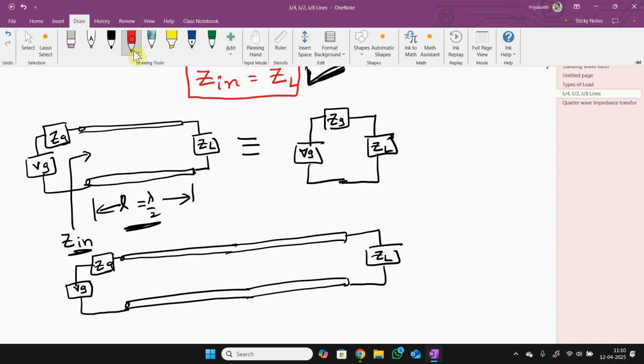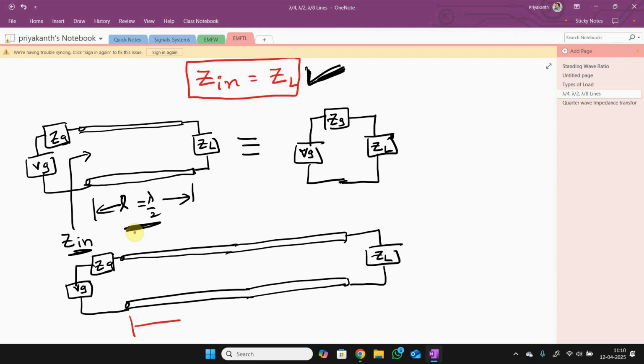And I say that the length of the transmission line is L plus lambda by 2. Not only lambda by 2, you can write in general that when this is n times lambda by 2, this is true.